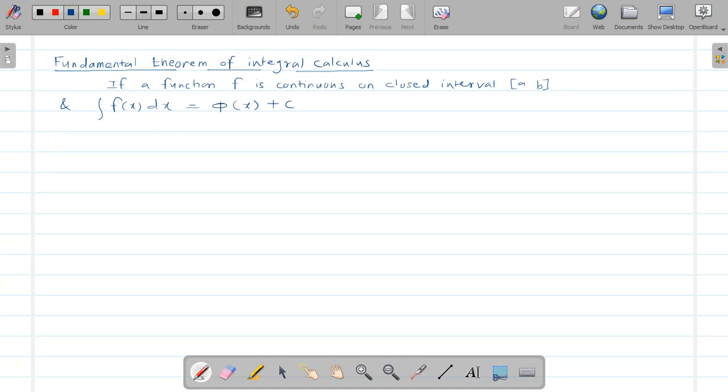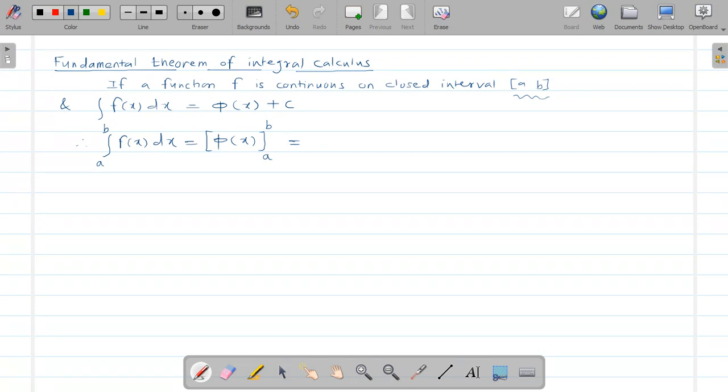Now as the function f is defined on closed interval ab, the fundamental theorem of integral calculus says that if you integrate this from a to b, you have to write it like this. Then what will you get? Integration of f of x from a to b will be phi of x, as we know the integration, with a and b written as limits.